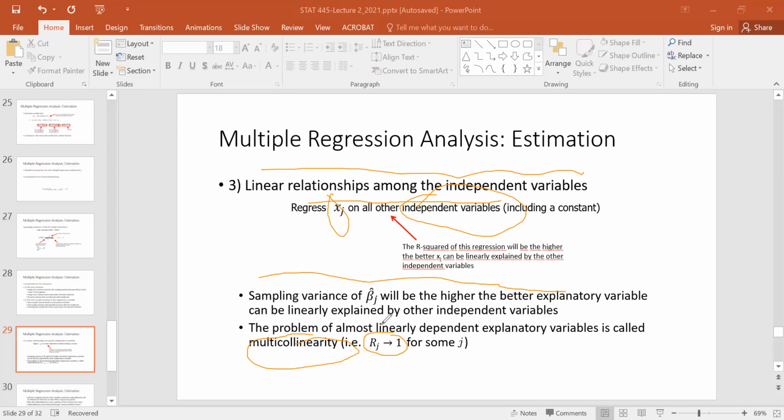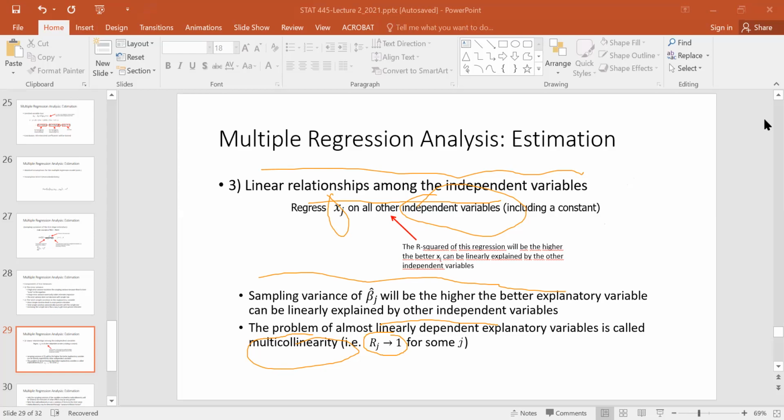Okay, that is a linearly dependent, almost linear. A perfect linear relationship, we don't want it completely. It's a no, no, no. We want small correlation. But if that correlation is so big that one x or two are highly related to others, that problem is called multicollinearity, okay?